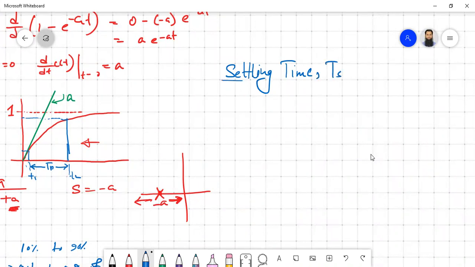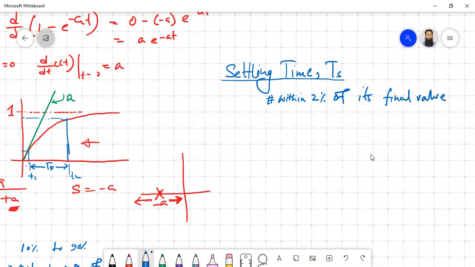So how is it defined? It is whenever your response is within 2% of its final value. So whenever the response is within 2% of its final value.